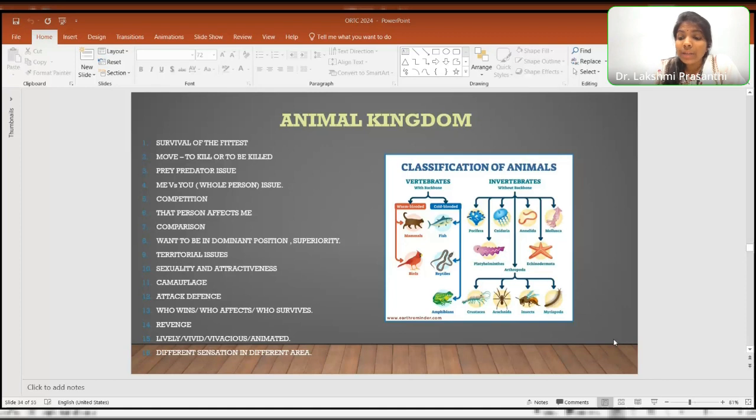So the me versus you in this, the you is the other person as a whole who affects him. Lot of competition, lot of sexuality, lot of aggression, lot of attractiveness, vividness, liveliness. You will see a lot of sensations, lot of beautiful stories coming out when you take the animal kingdom case very detailedly.